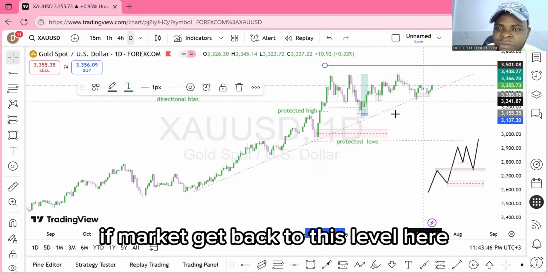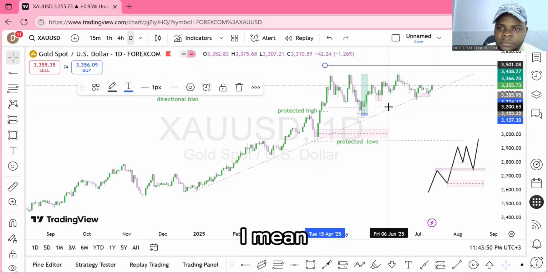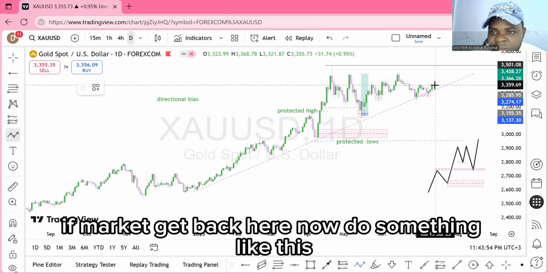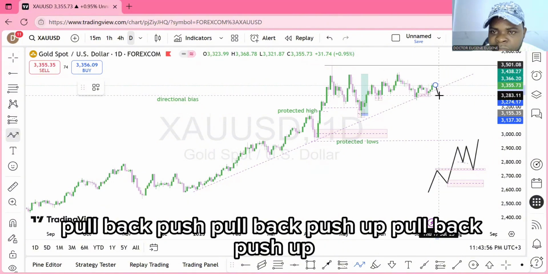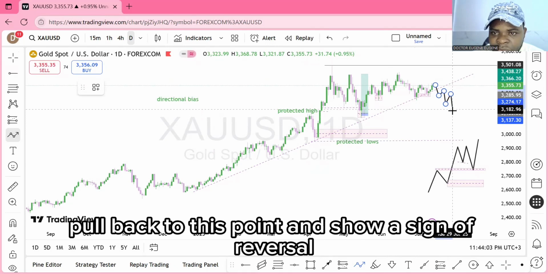If market gets back to this level here, I'm not placing any trade. I mean, if market gets back here now, does something like this: pull back, pull back, push up, pull back, push up, pull back to this point, and shows a sign of reversal.